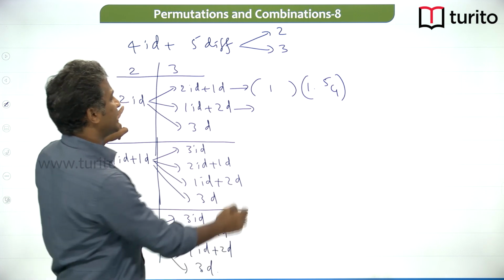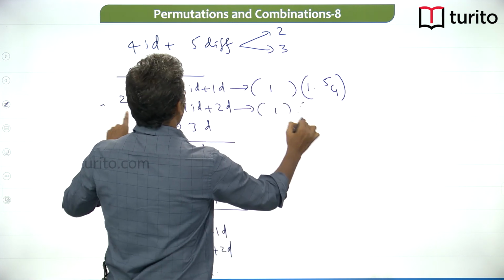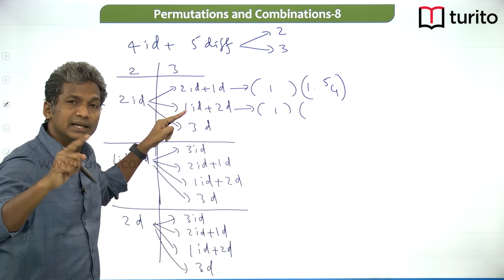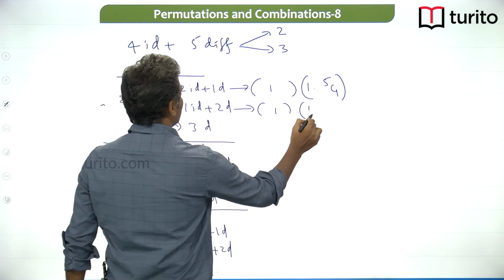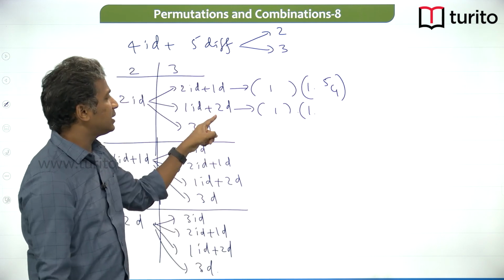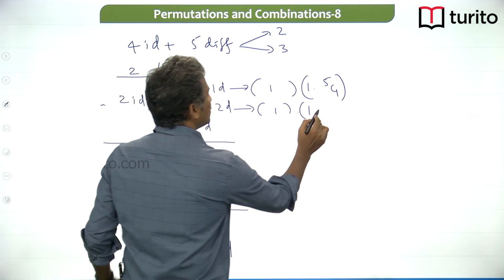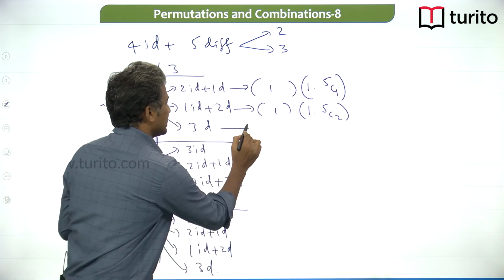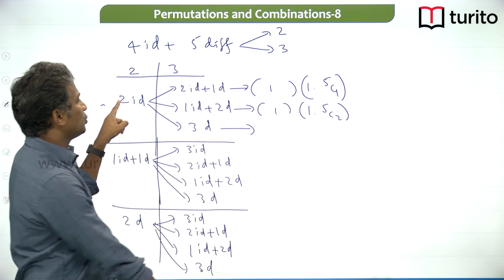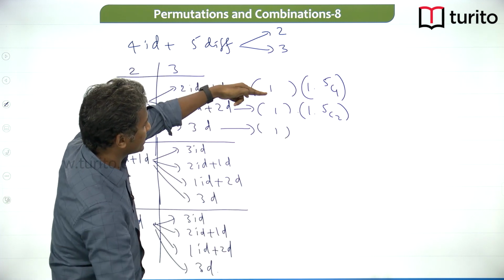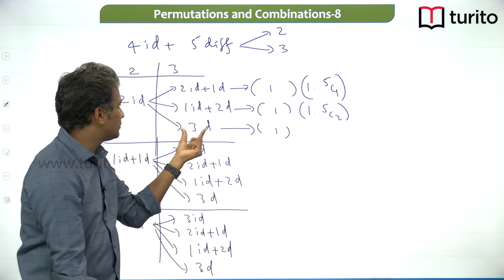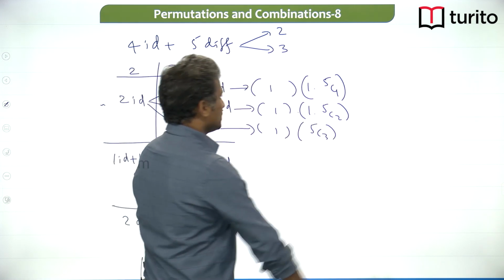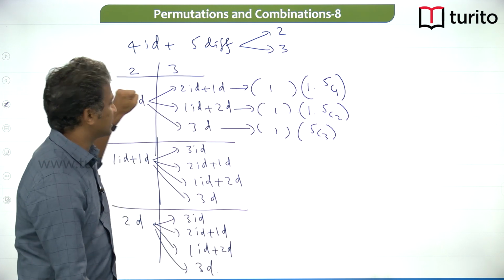For the first two identical, it's only one way, and for the next case, from the remaining two identical, one identical can be selected in one way, and from 5 different, 2 different can be selected in 5C2 ways. Okay. Now similarly the third case, here 2 identical is only one way, the same is getting copied here. Okay. Now 3 different, that means from 5 we want to select any 3. So this is the summation for the first case.